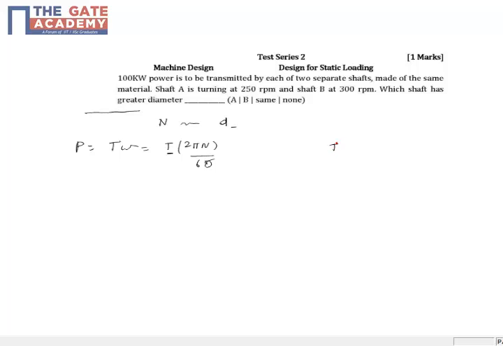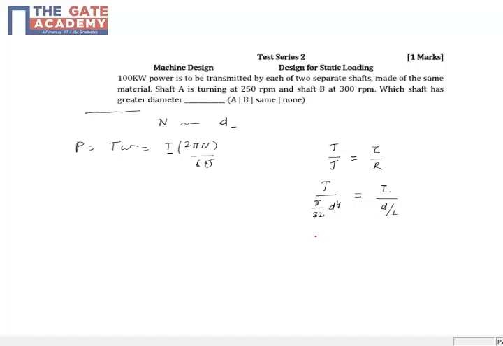shafts basically has the torsion equation, so I can write T by J, assuming that torque is the only thing acting. So T by J is tau by R, and J is pi by 32 d to the power 4, and tau is, let's say you have gone to the maximum limit, so tau becomes the maximum stress, and R is d by 2.